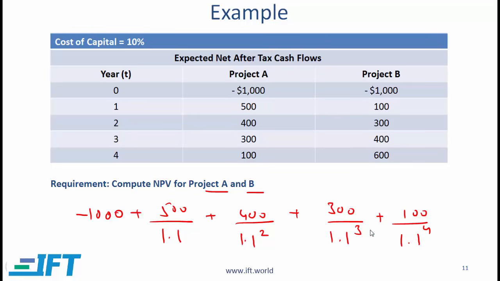You do the calculation and you will come up with the NPV, and you can use the same process for project B. As you can see, this is a very long-winded process, and if you start doing this on the exam, chances are that you will not finish on time.